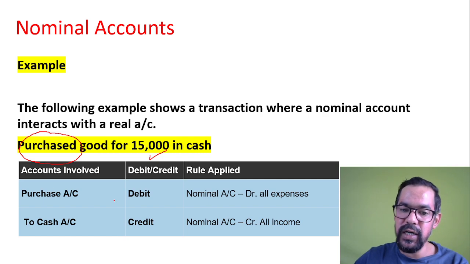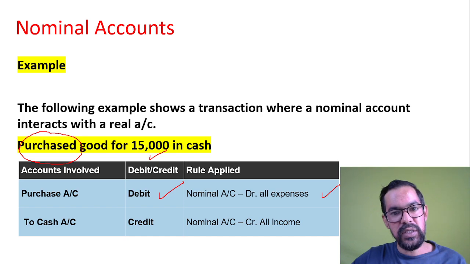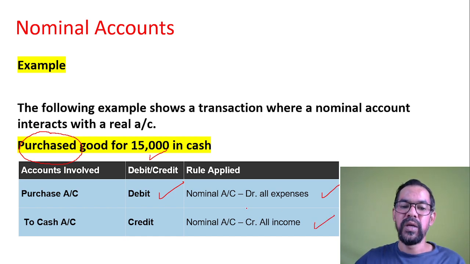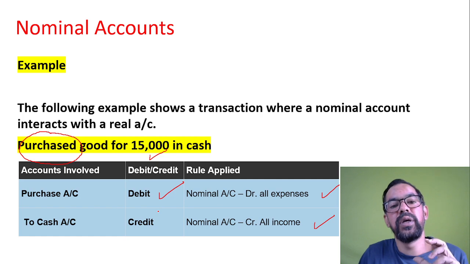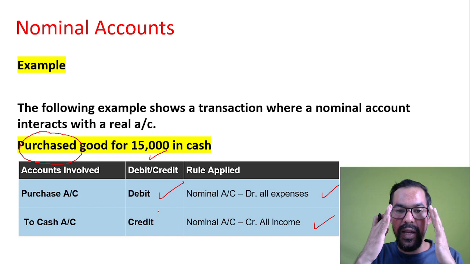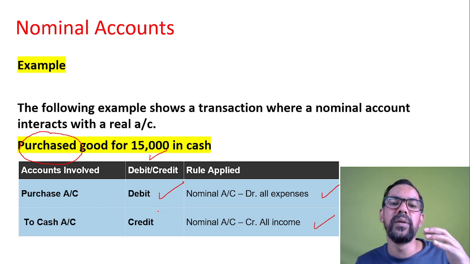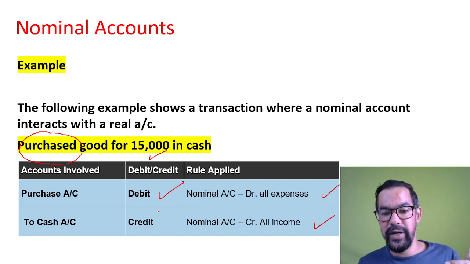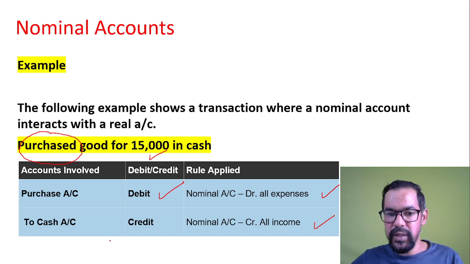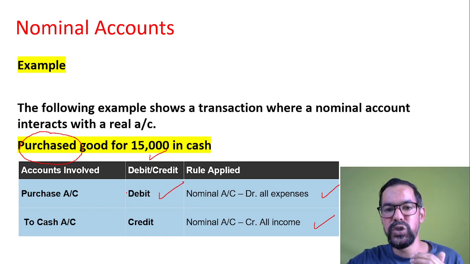So the purchase account will be debited and the cash account will be credited. We already read about the dual aspect of accountancy: if one account is debited, there will definitely be another account which is credited. So here the purchase account is debited and the cash account is credited for these two parties.